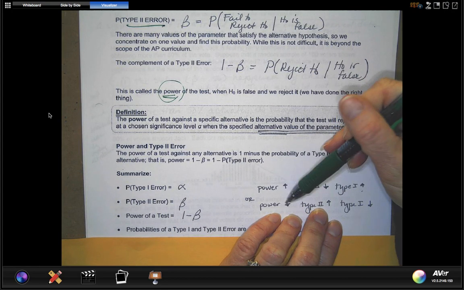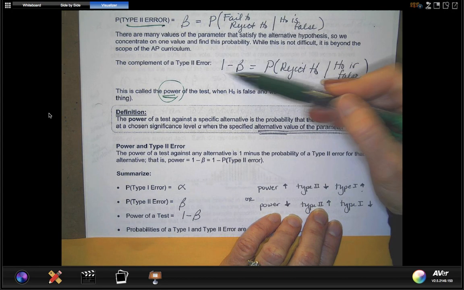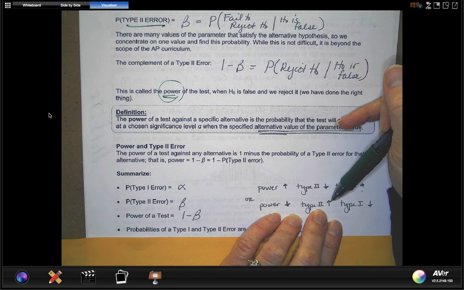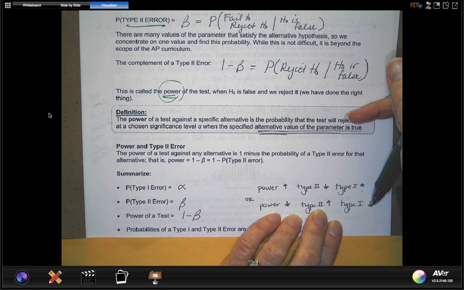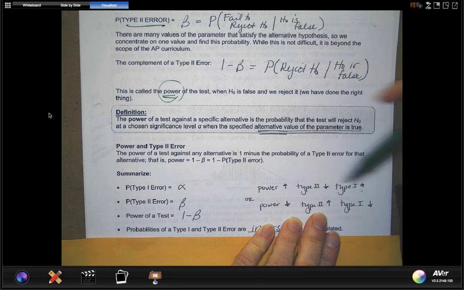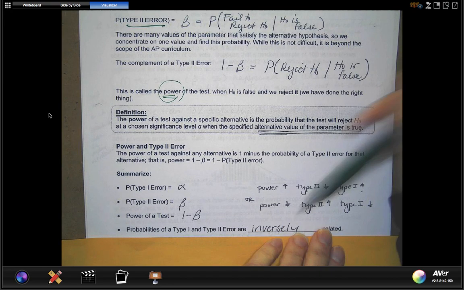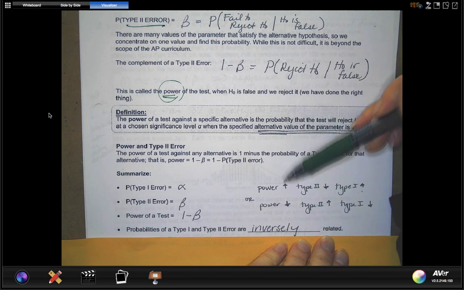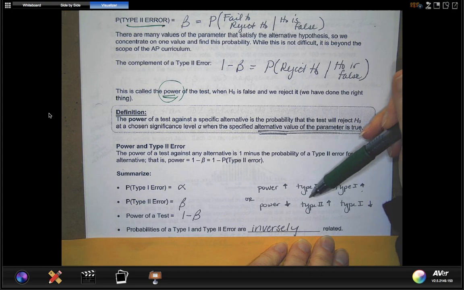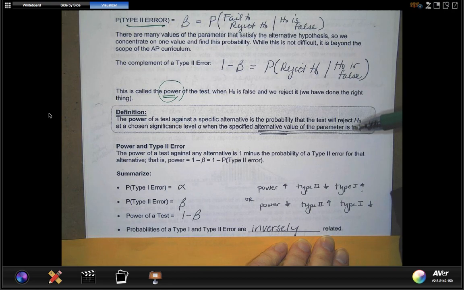If my power goes down, so if I make this answer smaller, then I had to have made this bigger. And if I made my type 2 bigger, then I made my type 1 smaller. So the type 1 and type 2 errors are inversely related. Power and type 1 always go in the same direction. Power and type 2 are inversely related.